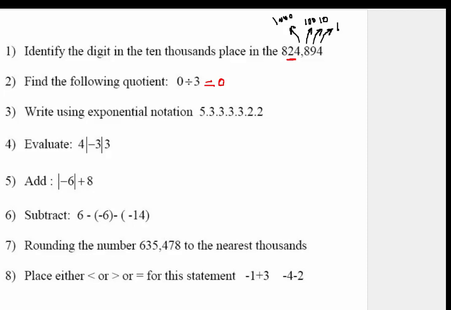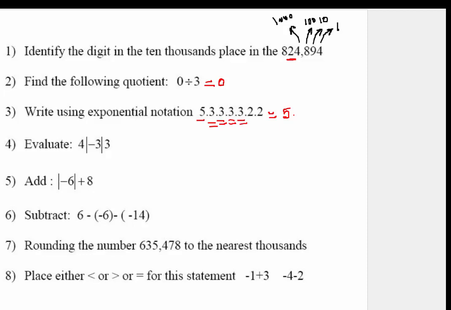The next one, we want to use exponential notation to write this. In this case, we have 1 five, so it would be 5, or 5 to the power of 1. And then we're going to count how many 3's we have. Here we have 1, 2, 3, 4 3's.